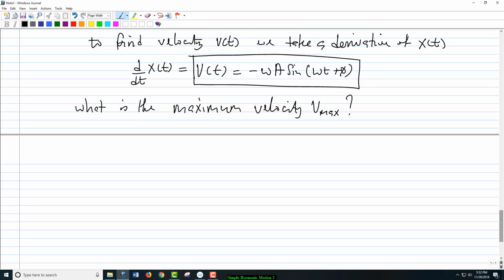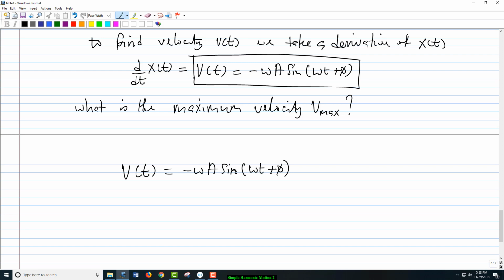So from looking at our velocity function, v of t equals minus omega a sine of omega t plus phi, we know that sine 90 is equal to 1, meaning that the function would be a maximum when omega t plus phi is equal to 90 degrees. So this tells us that the extreme values of our velocity function will occur at plus or minus 1 along the angle.